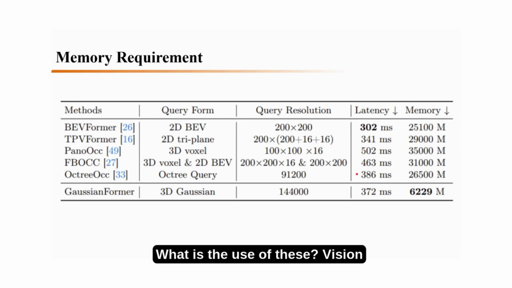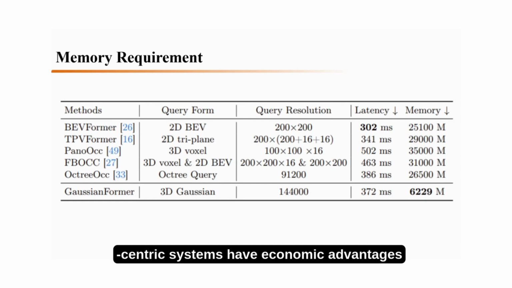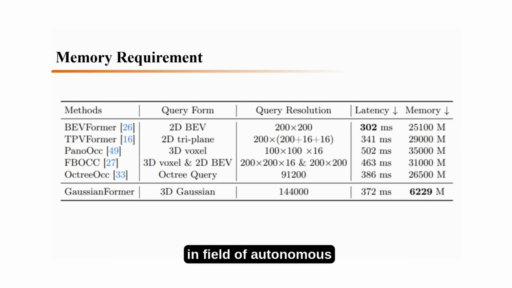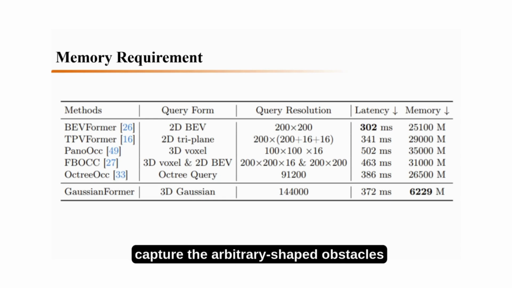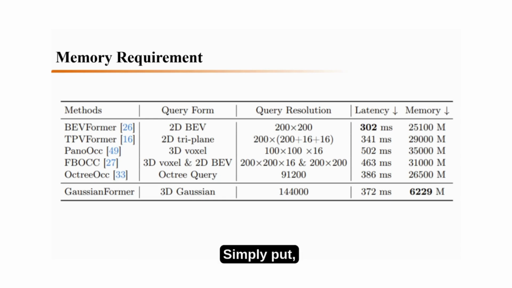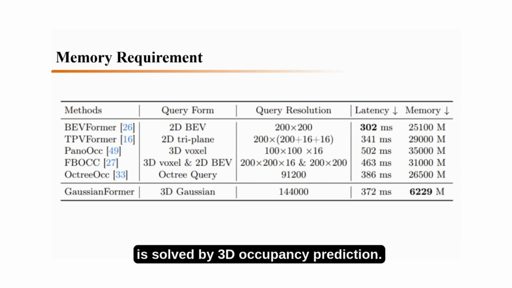What is the use of this? Region-centric systems have an economic advantage in the field of autonomous driving, but they cannot capture arbitrarily shaped obstacles. Simply put, the system cannot recognize things that it hasn't seen. This problem is solved by 3D occupancy prediction.